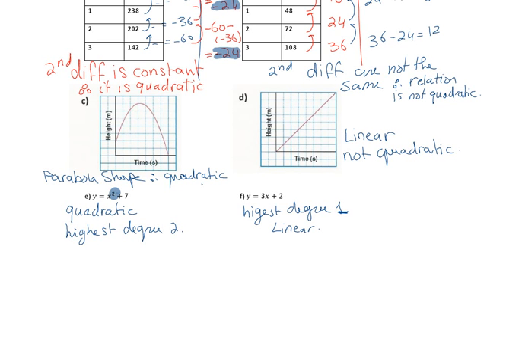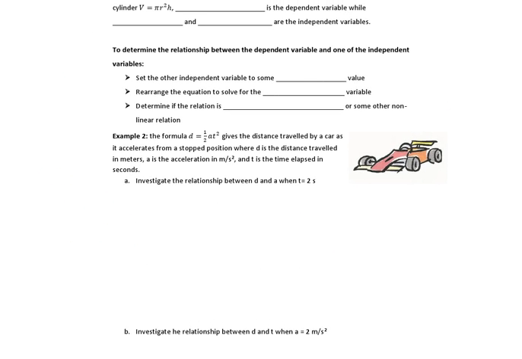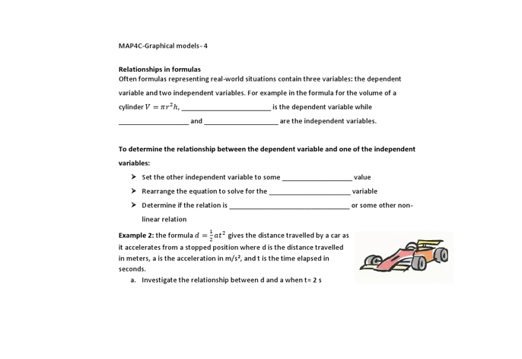And move on. Often formulas representing real-world situations contain 3 variables: the dependent variable and 2 independent variables.